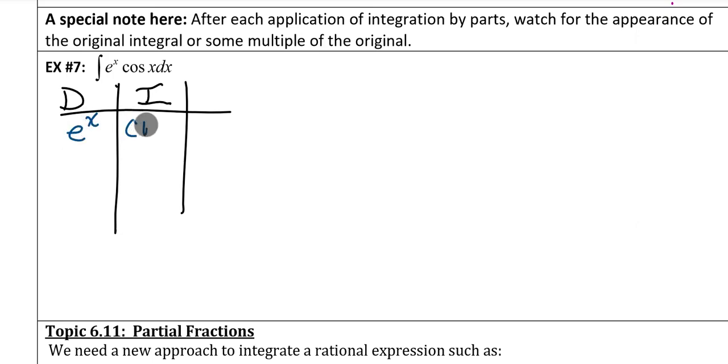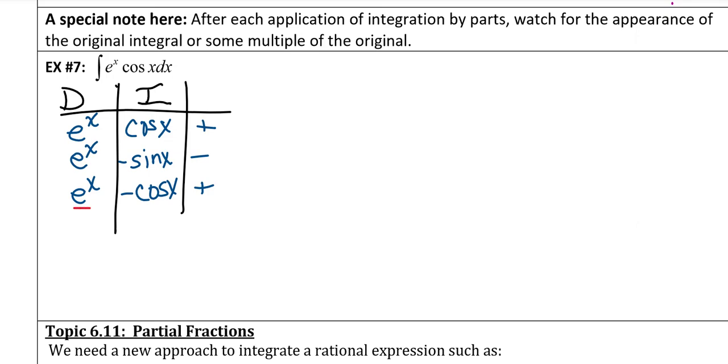When I take the derivative of e to the x, I get e to the x again. And when I take the derivative of cosine, I get minus sine x. Then when I take the derivative of e to the x, I get e to the x again. And I'm going to take the derivative of minus sine x, and I get minus cosine x. And of course, the signs will be plus, minus, plus.